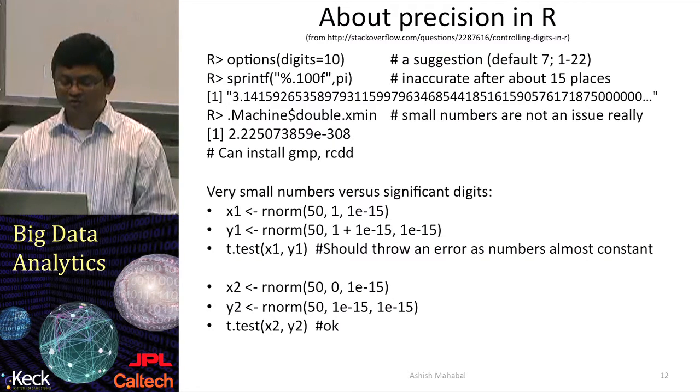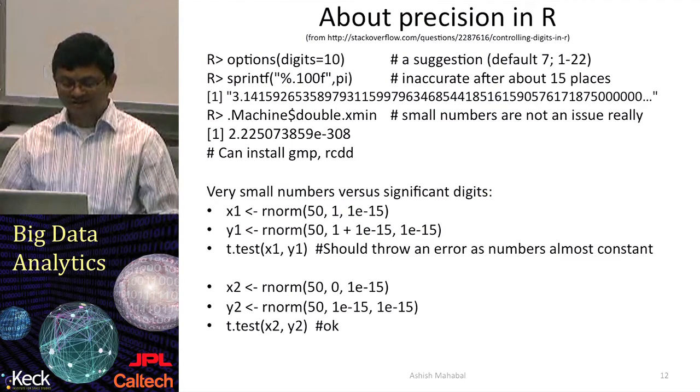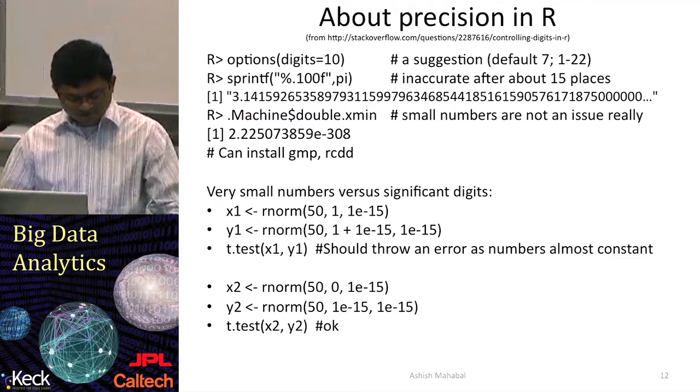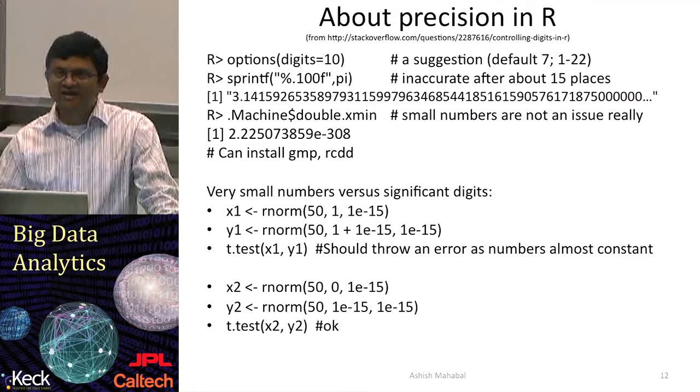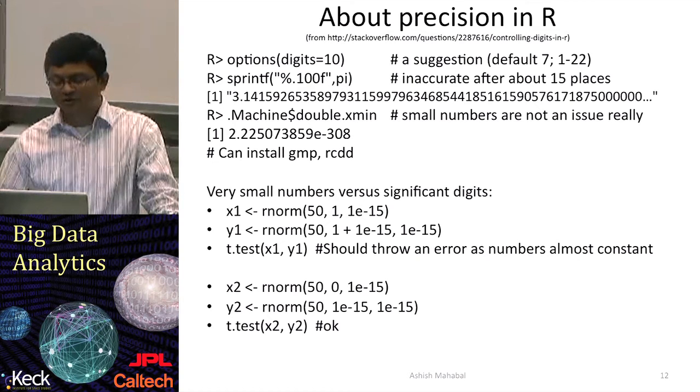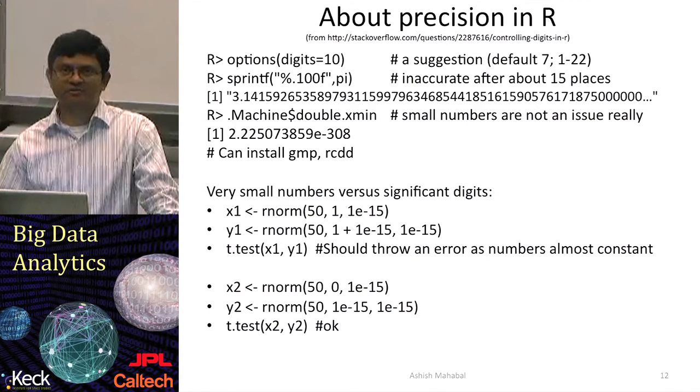And y1 is where we again want 50 numbers, and in this case, the mean is slightly different with the same standard deviation. So if you notice, it is 1 and just a small delta. Now these two numbers are very close to each other and not close to 0. So their comparison is going to look as if it is a series of constants. And that is going to throw an error for you because all the numbers seem constant.